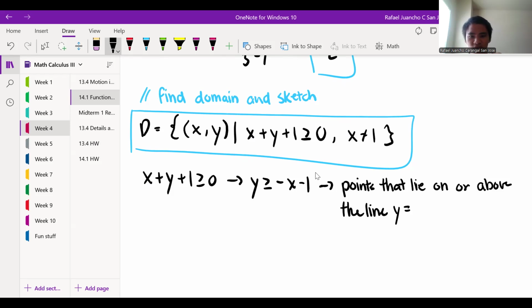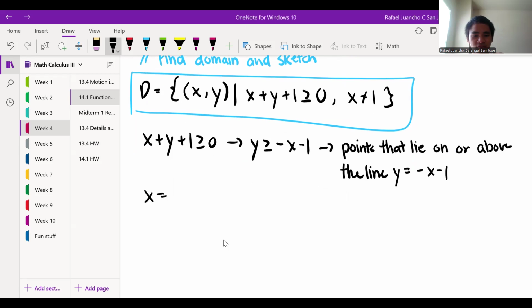And this line is y equals negative x minus 1, while x is not equal to 1. So another thing that we saw was x equals 1. What does this mean?